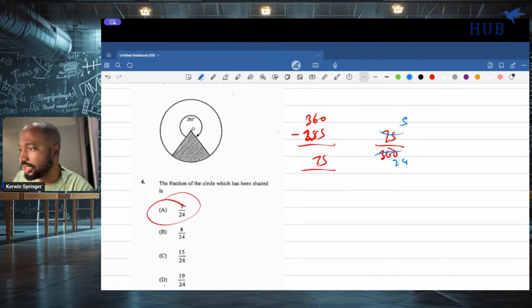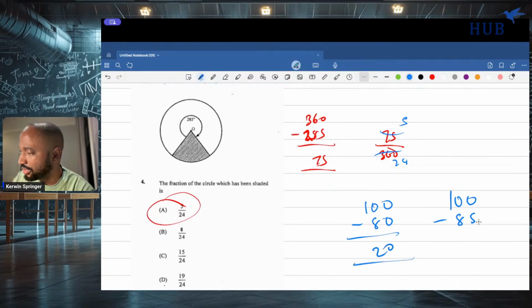How much is 100 minus 85? 100 minus 80 is 20, so if I increase it by 5, 100 minus 85 is 15.